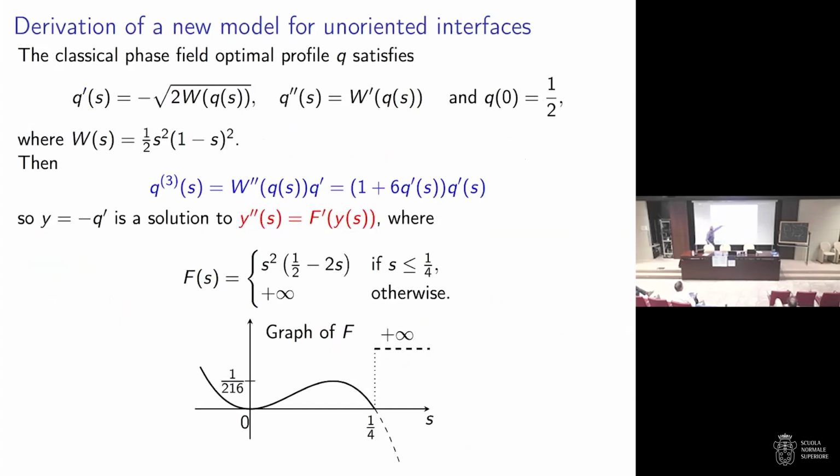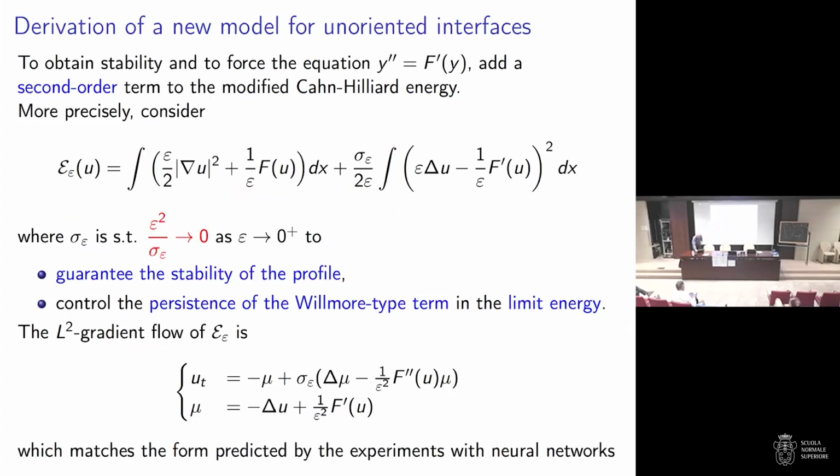Once again, I want Q prime to be a solution of this. So I want to preserve that, but I have to force it. And to force it, we're using this term here, where epsilon squared divided by sigma epsilon goes to 0, and this guarantees the stability of the profile, and it controls the persistence of the Willmore term in the limit energy.